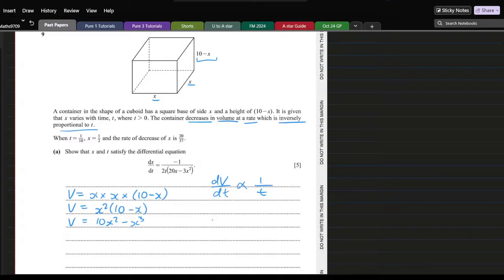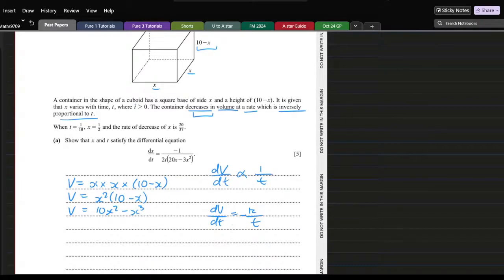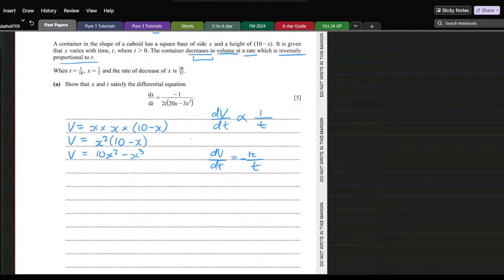And we can write this as dV/dt is equal to our constant of proportionality over t. Now here they've told us that the volume is decreasing, right? So that means the rate of change of the volume is going to be negative. And using this information, they want us to create this differential equation.